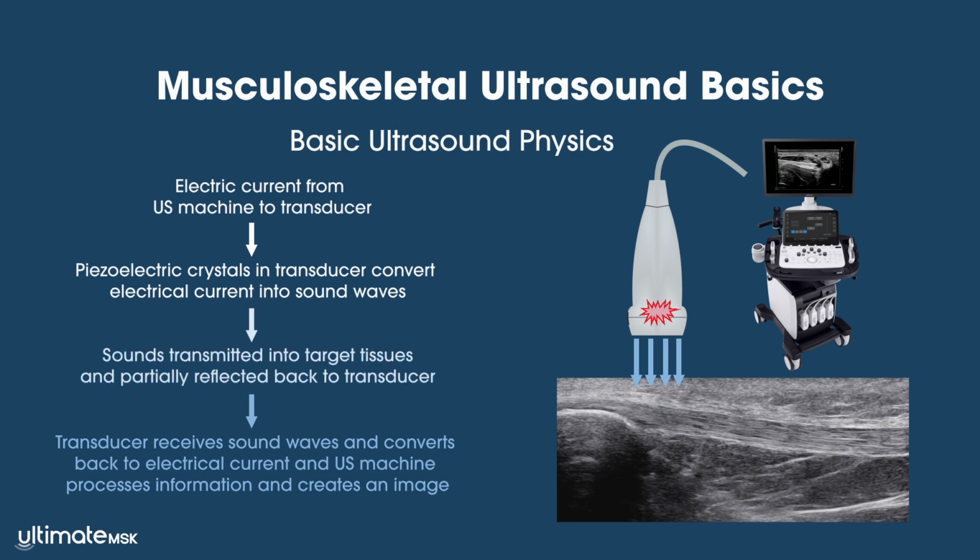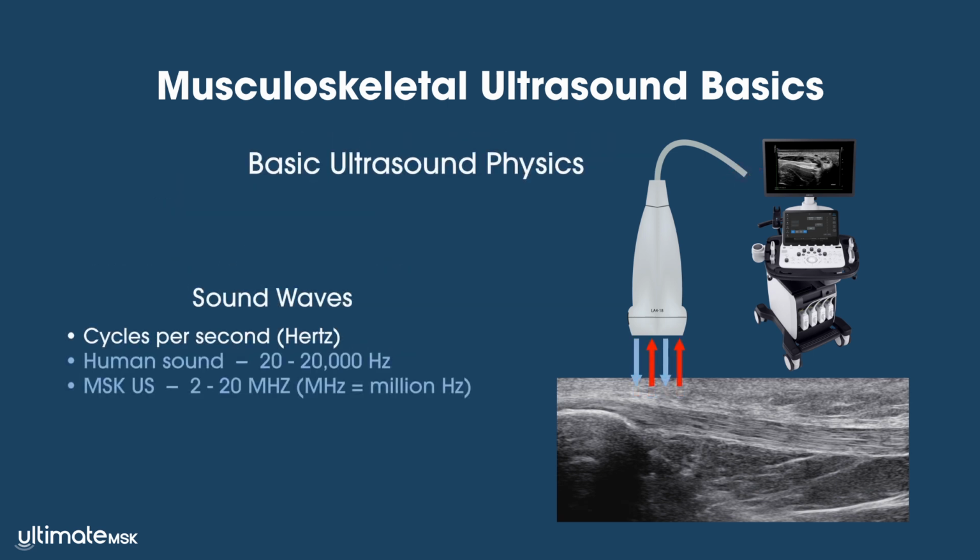These sound waves are transmitted from the transducer into the target tissue, where they interact with various tissue types and are partially reflected back to the transducer. The transducer then converts these reflected sound waves back into electrical signals, which are processed by the ultrasound machine to create an image. Let's take a closer look at this process.